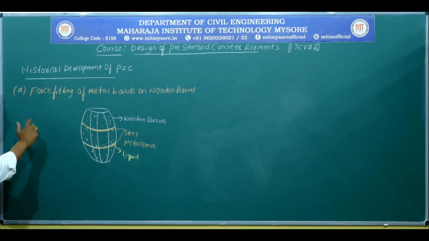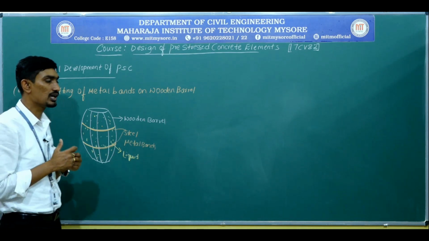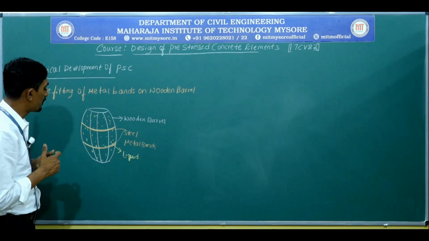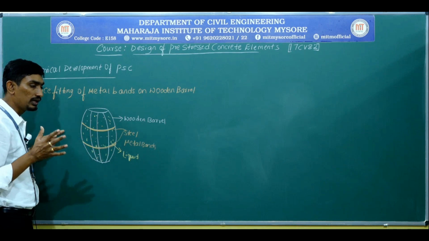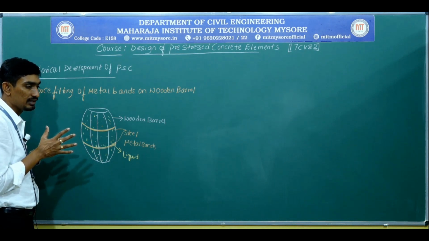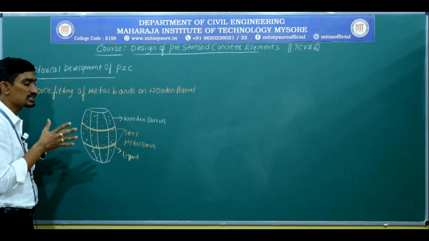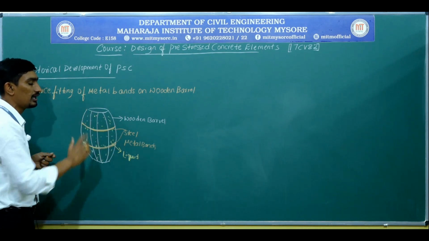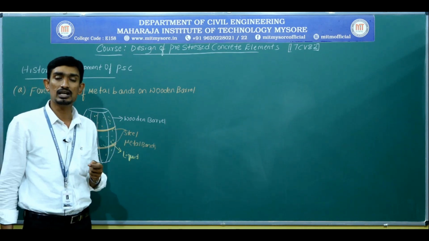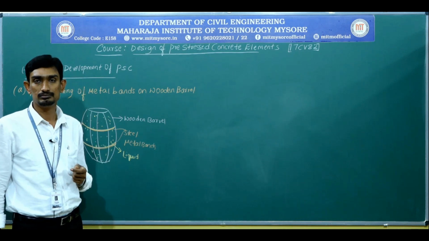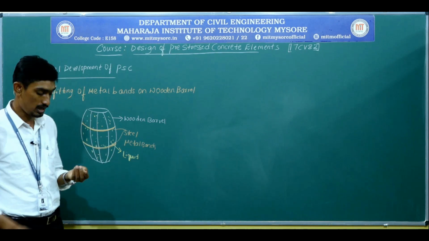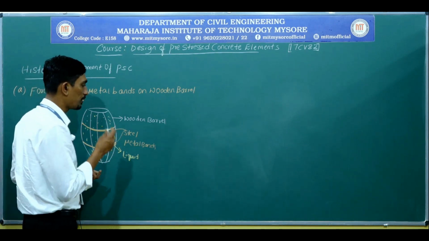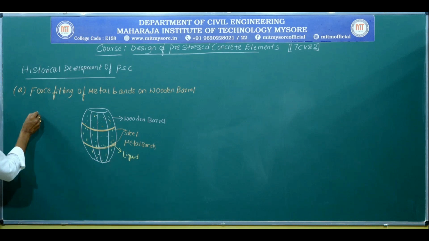Okay, so from this particular concept, the civil engineer started to think that if I want to resist anything, then I need to create a material in such a way that it is capable of counteracting the adverse effect of these liquids. So this concept came into the mind of a civil engineer. If I want to explain further, let me draw the top view of the wooden barrel.